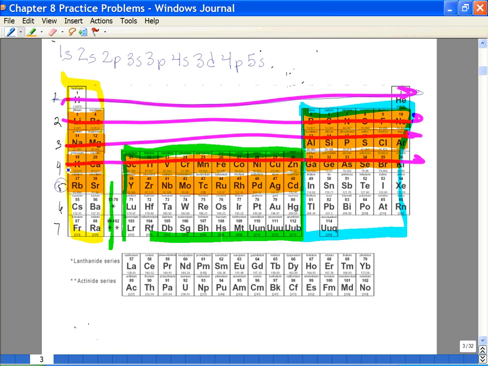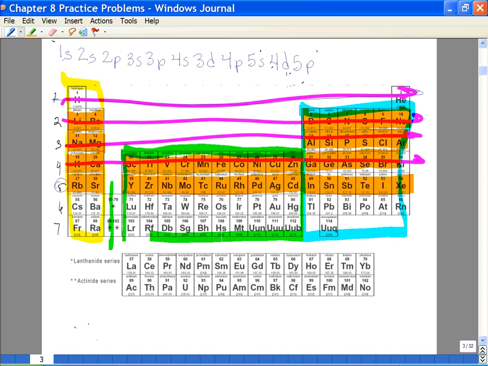So the d electrons here are going to be 4d electrons. And then as we continue on across, these p electrons are 5p. So that's the filling order.